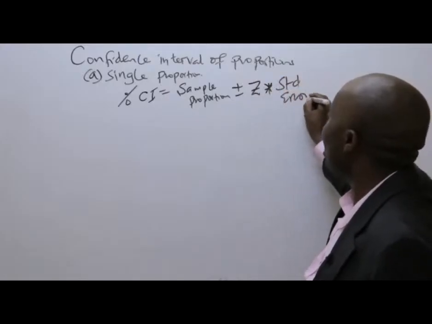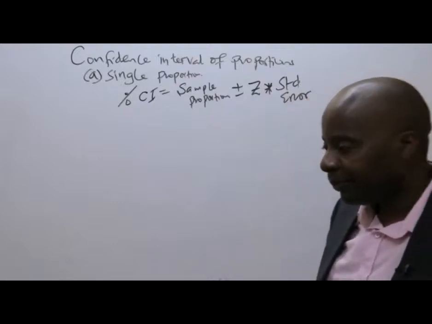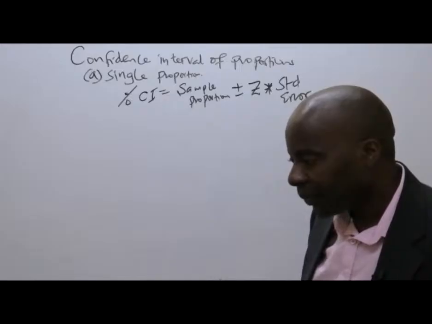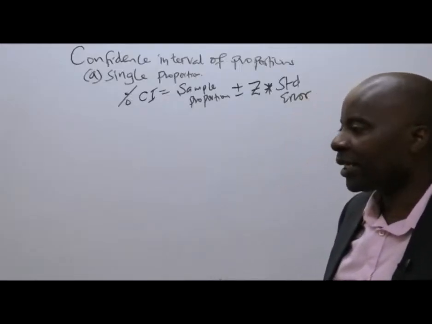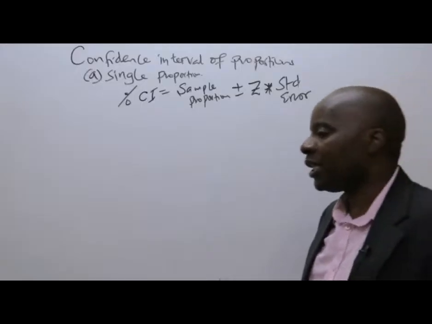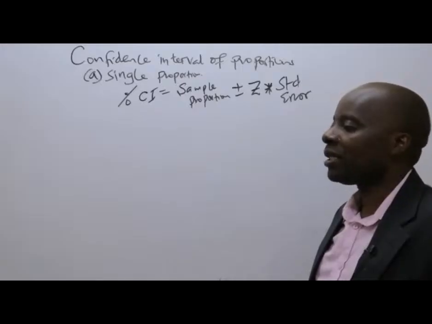The standard error. Z times the standard error. So the percentage confidence interval equals the sample proportion plus or minus Z times the standard error.